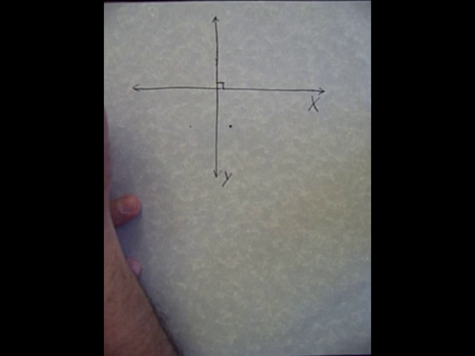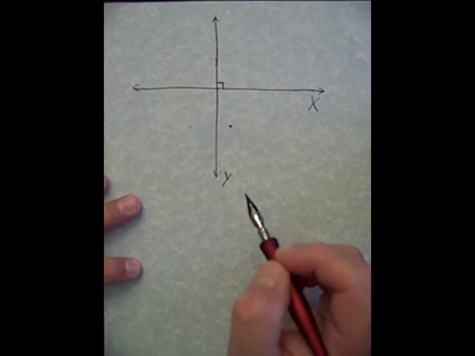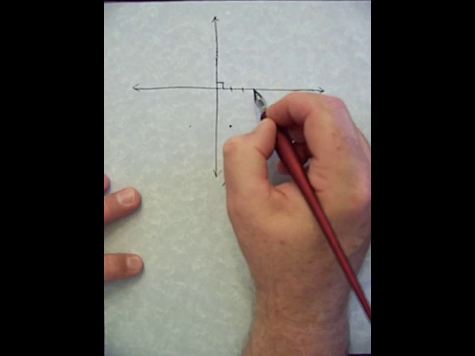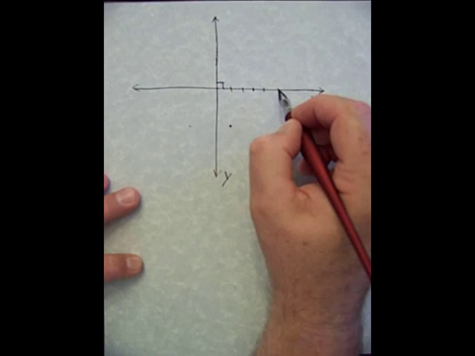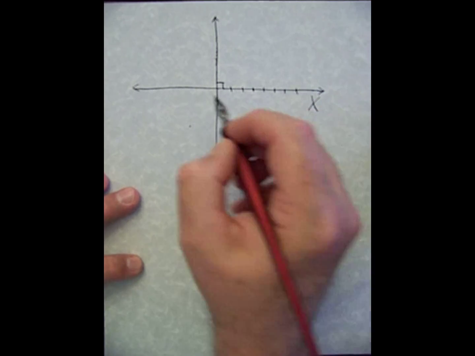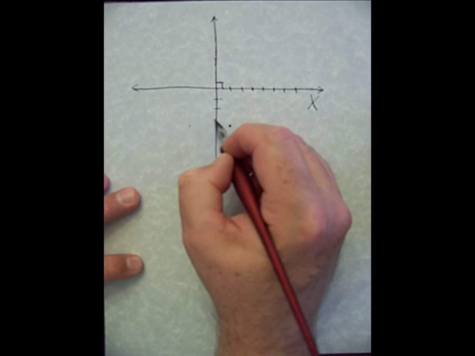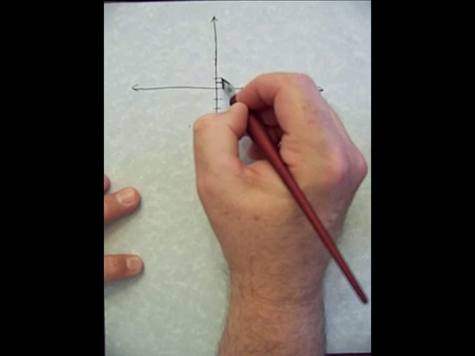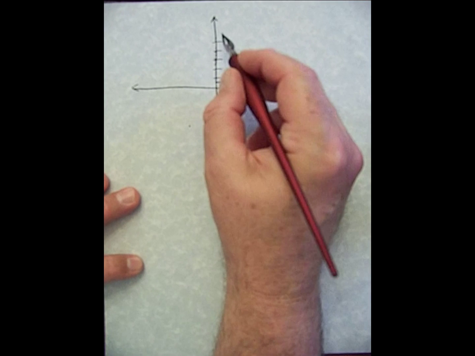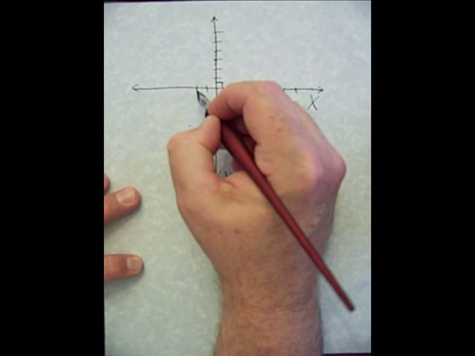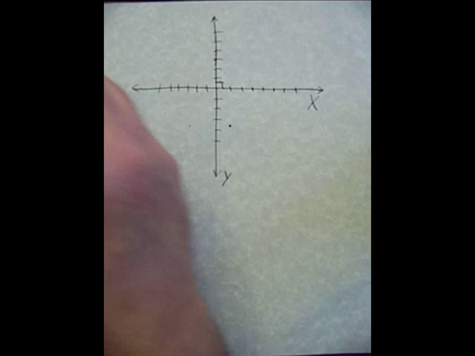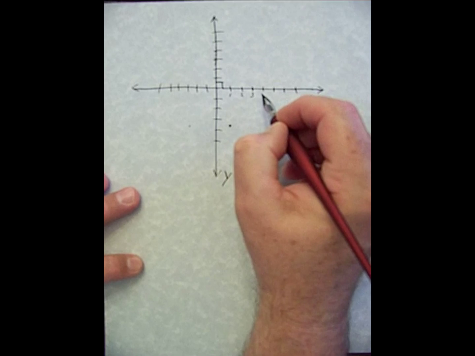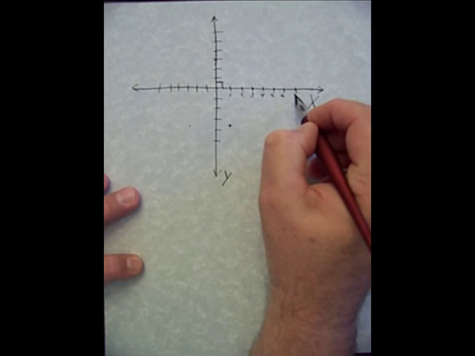So now let's look at a couple of points, and I'm going to take my rigid rod here and put some tick marks just to make this easy. And we'll just assume that all of these are perfectly equidistant.